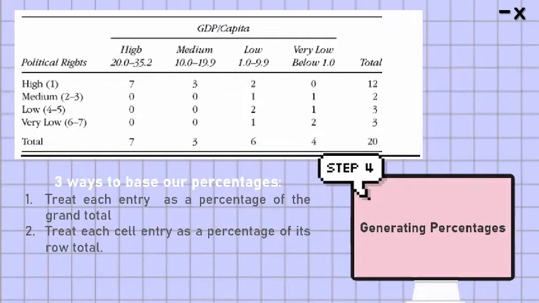And if we get all of the percentages of that row, we will add up to 100%. The third one is that we will treat each cell entry as a percentage of its column total. For the high entry, we have 7, and if we divide it by its column total, which is also 7, we will have a total of 100%.